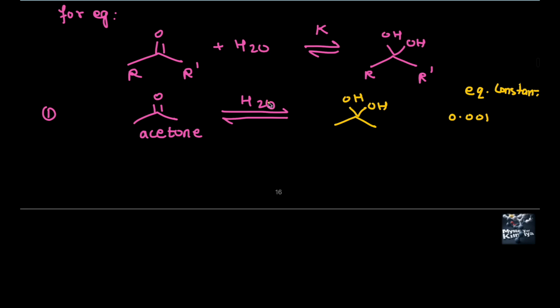In the next example, if I remove this CH3, which is an electron donating group, and add hydrogen, this is acetaldehyde.